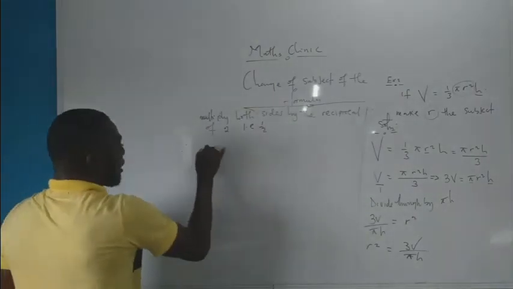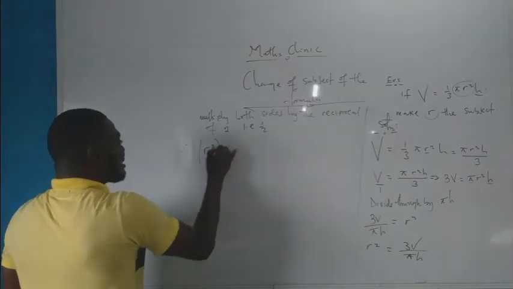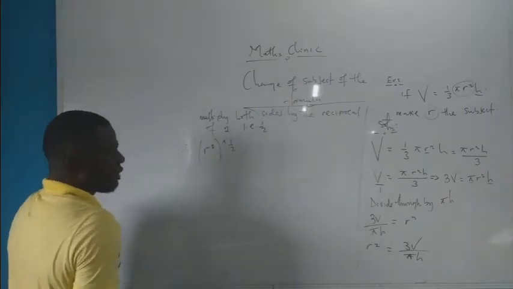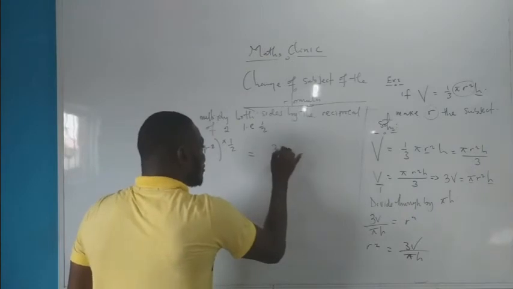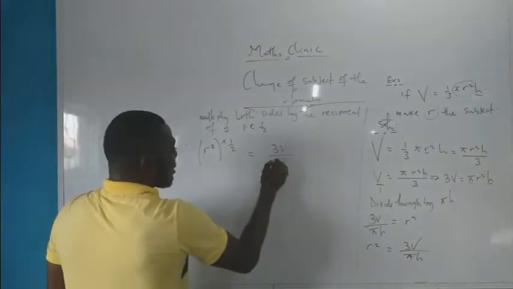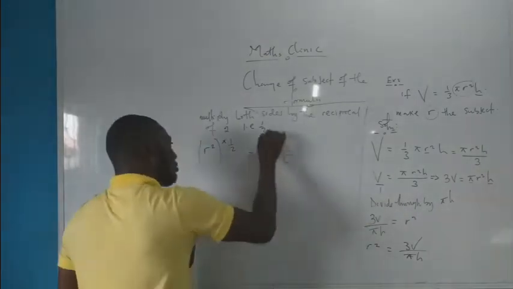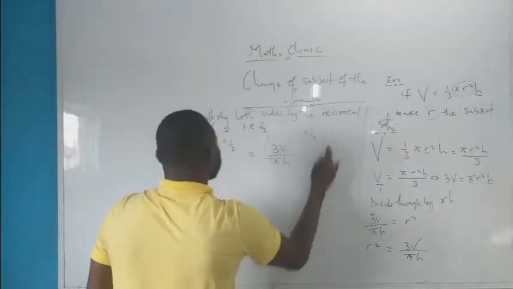So therefore we can have r squared times 1 over 2 equals 3V upon pi h times 1 over 2.